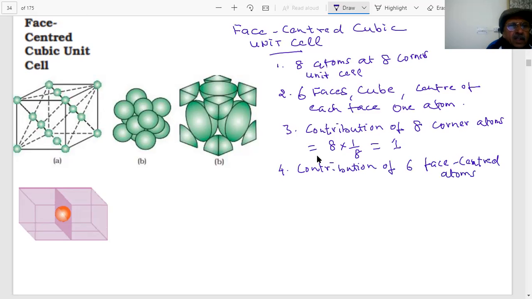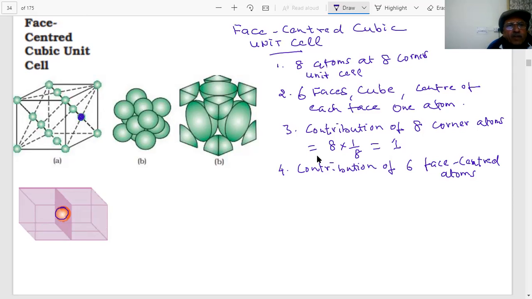See, this is the one which we have shown here. This is at the center of the face. Consider the room and the wall. At the center of the wall is an atom, students. Then it will be shared by how many unit cells? How many unit cells will it share with, students? The one which is at the face. Yes. How many? 1 by 2. 6 into 1 by 2.